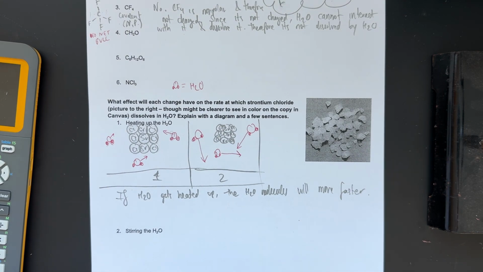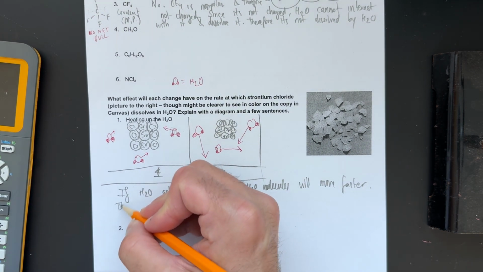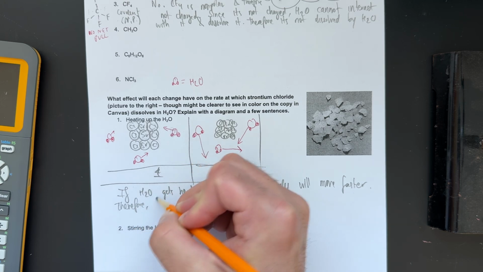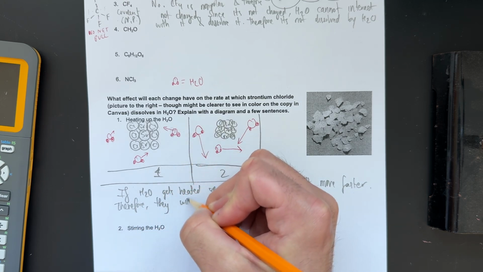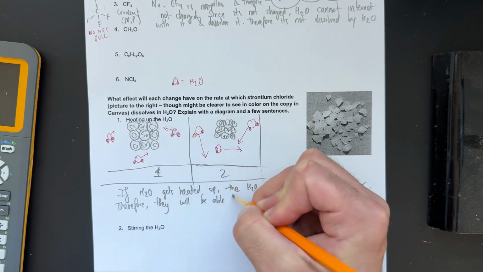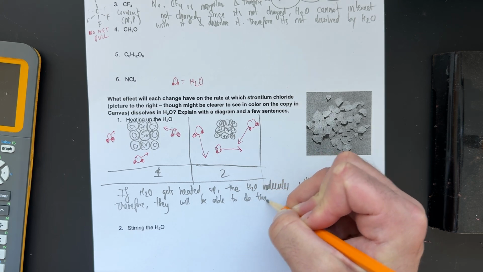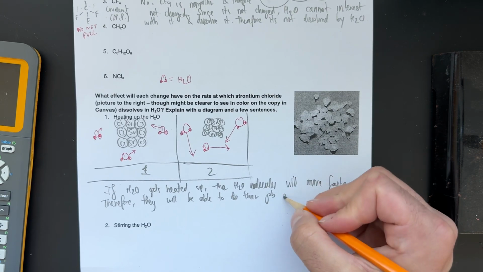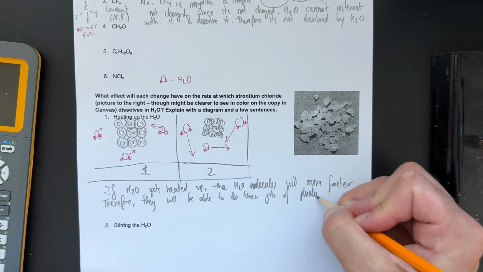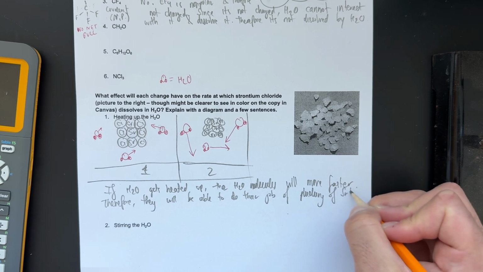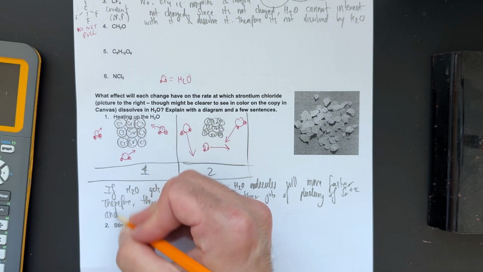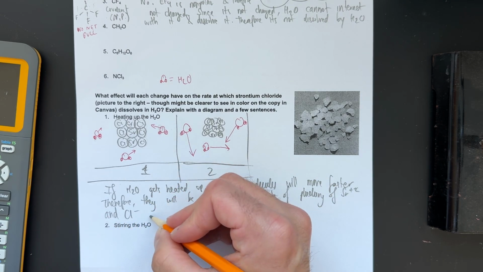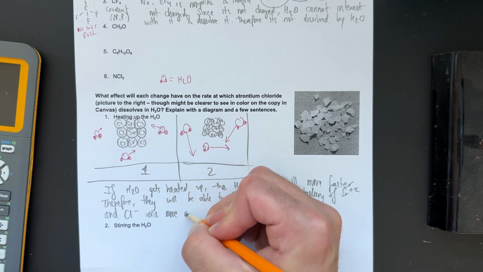So if H2O gets heated up, the H2O molecules will move faster. Therefore, they will do their job of plucking off Sr+2 and Cl- ions more quickly.